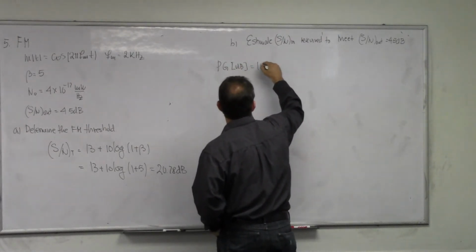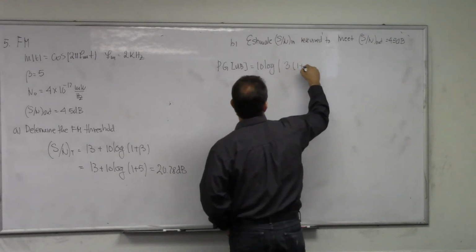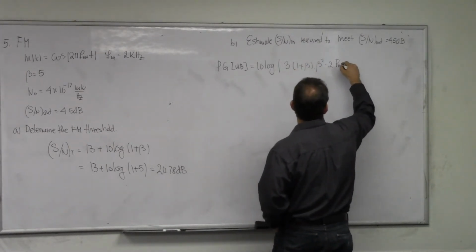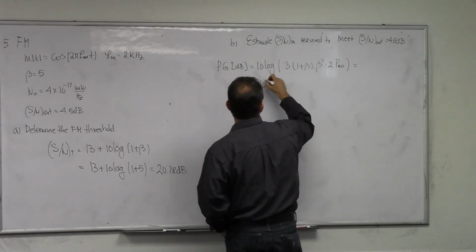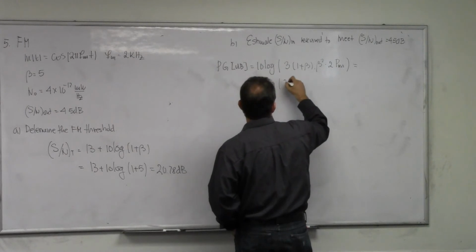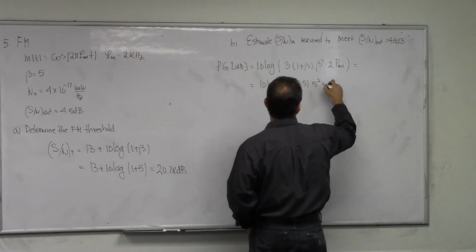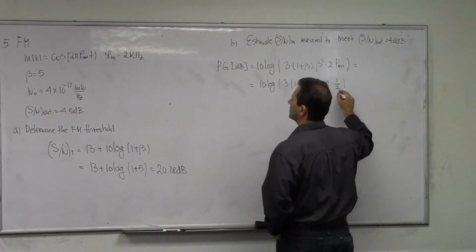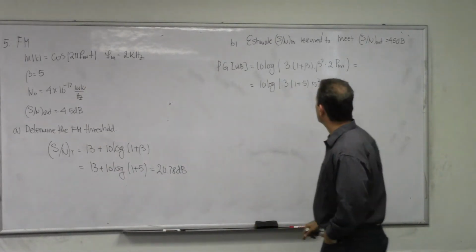And this is 10 log of 1 plus beta times beta squared times 2 times the power of the message normalized. In our case, this is 10 log of 1 plus 5 times 5 squared times 2 times 1/2, right? Because our message signal is the pure sinusoid already normalized with power of 1/2.